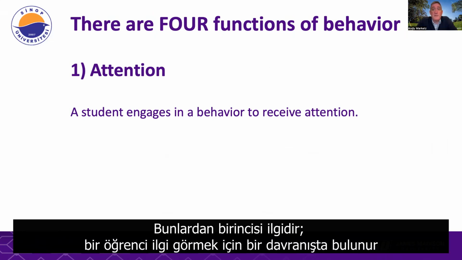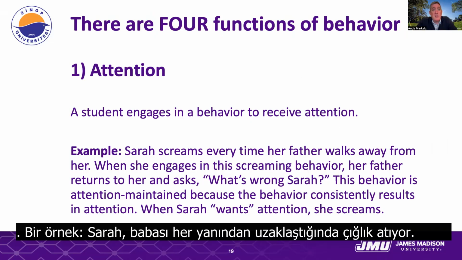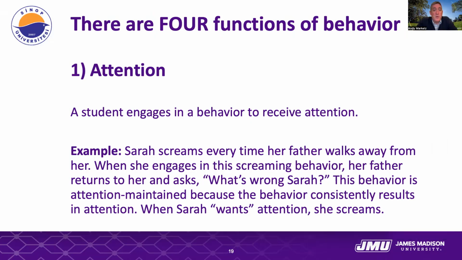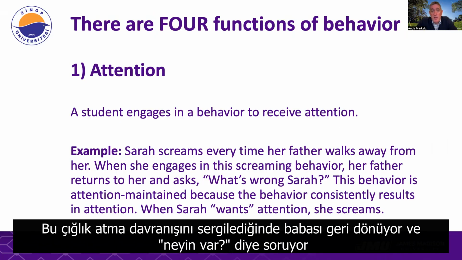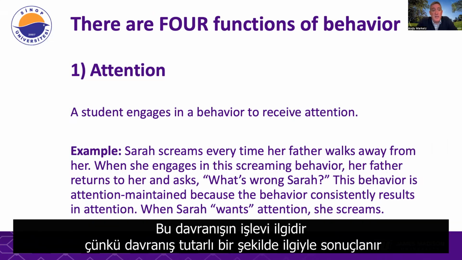One of them is for attention. A student engages in a behavior to receive attention. So an example is that Sarah screams every time her father walks away from her. When she engages in this screaming behavior, her father returns and says, "What's wrong?" This behavior is attention maintained because the behavior consistently results in attention.